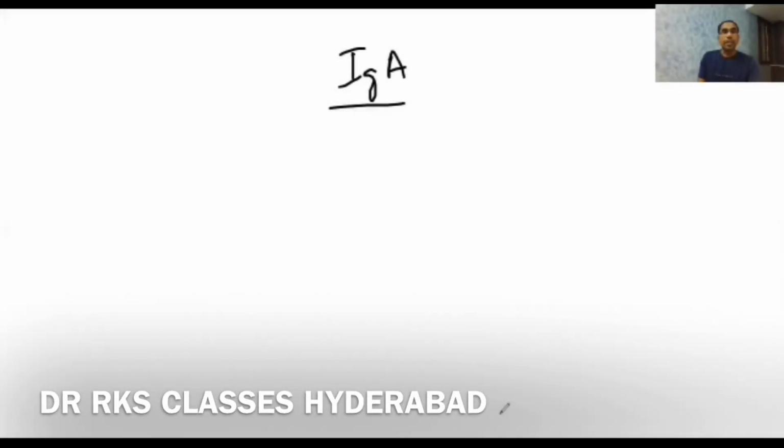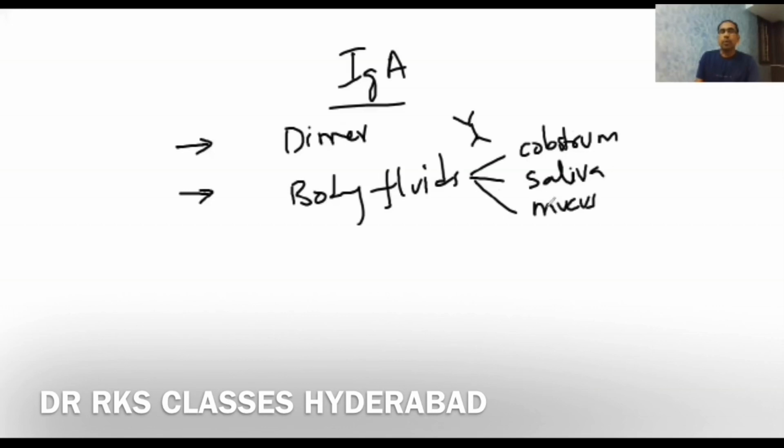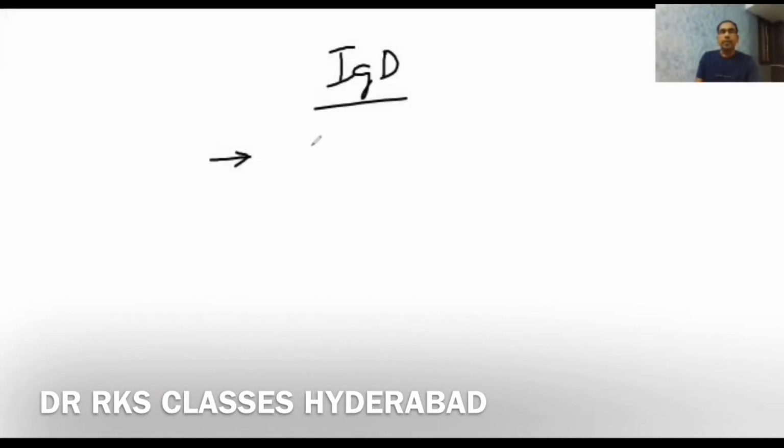Next, IgA. This is a dimer. This is found in body fluids, found in colostrum, saliva, and also found in mucus. Next, IgD.